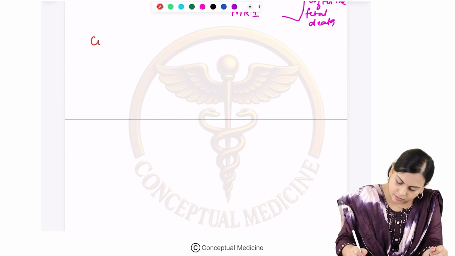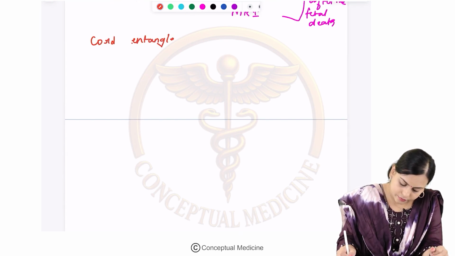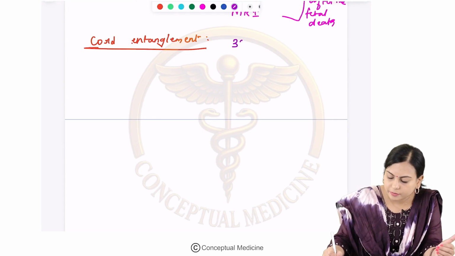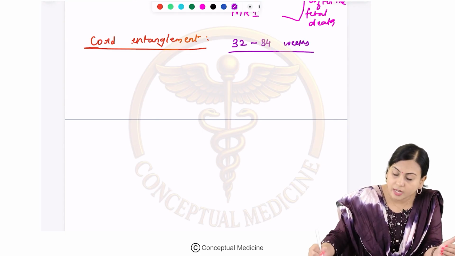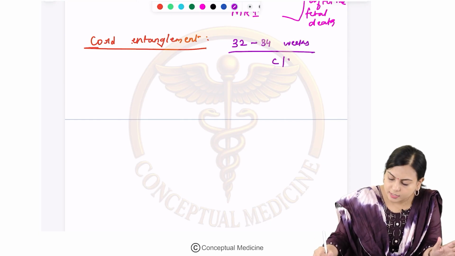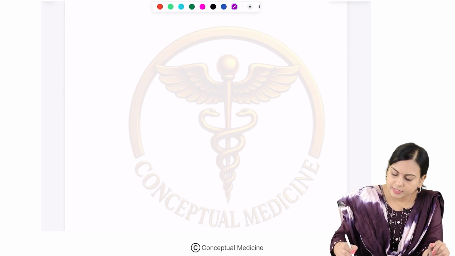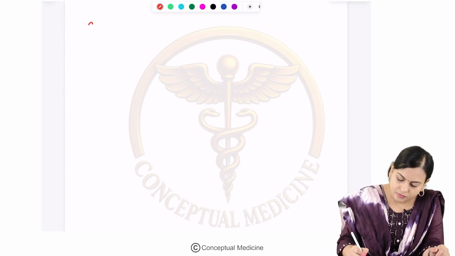Then, next is cord entanglement. Suppose cord entanglement is seen between the two fetuses, you are going to deliver them between 32 to 34 weeks, and the delivery mode will be cesarean section. Clear? Now, we will see about conjoined twins.